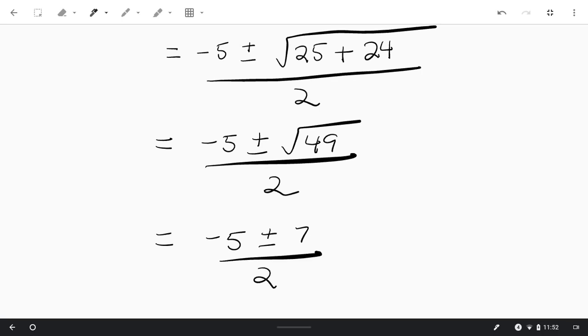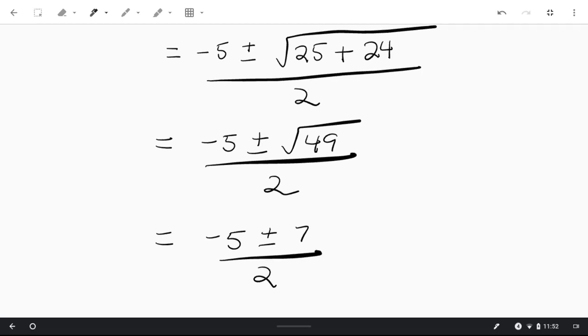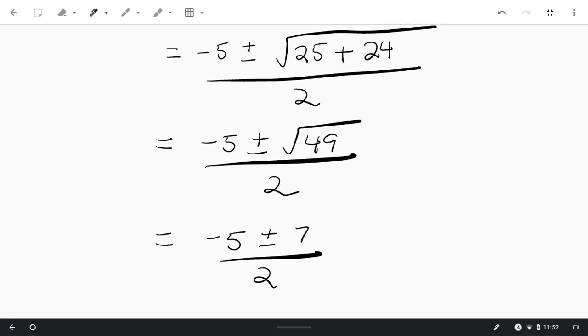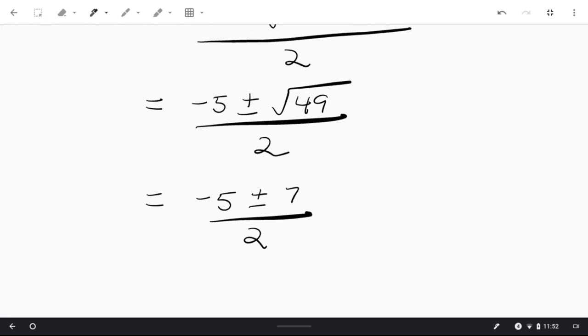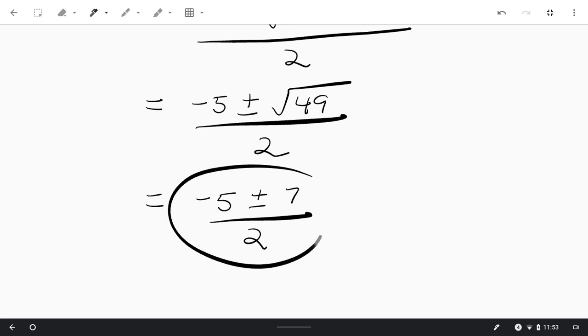Right here, you do not leave your answer like this, especially if you have a perfect square. If it said square root of 47, then fine, you leave your answer like that. But because the square root of 49 is 7, we can actually work out the answer.